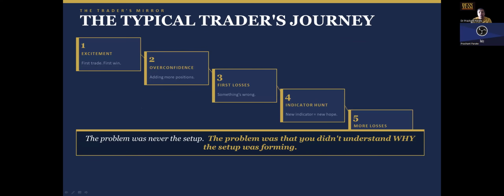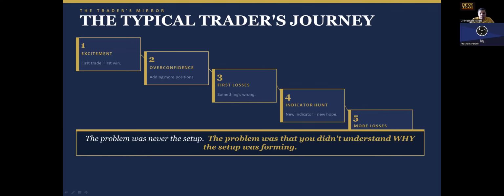Typically, what happens to traders is there are different phases. There is a phase of excitement when a trader is introduced to trading. That person goes and takes the first trade, and most of the time it is beginner's luck. The first trade wins because people who start trading don't start when the markets are down.